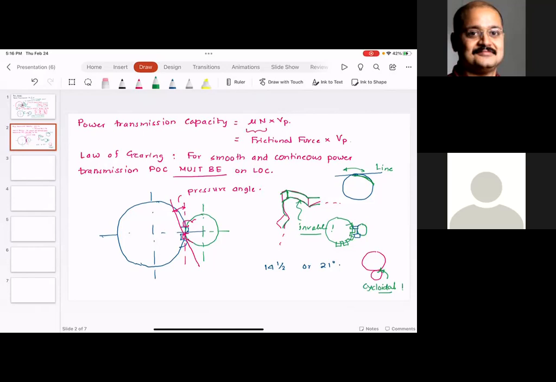But please understand, the wear in the involute gear is more, because that is an approximation of the contact. Wear in the cycloidal gears is less. So the noise from the cycloidal gear train is less compared to the noise from the involute gear train. Where do we use involute gear trains, and where do we use cycloidal gear trains?